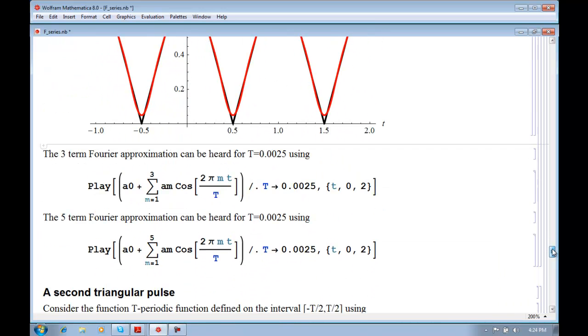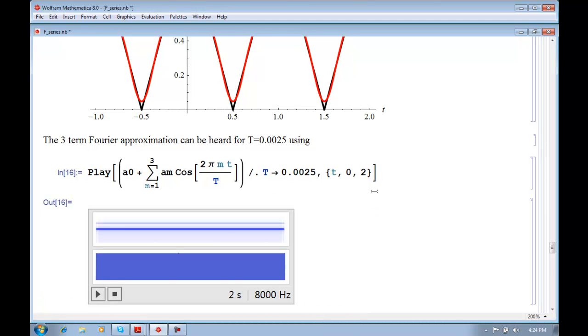Let's take the case where the period is 1 over 400, and we can play the 3-term approximation using that.